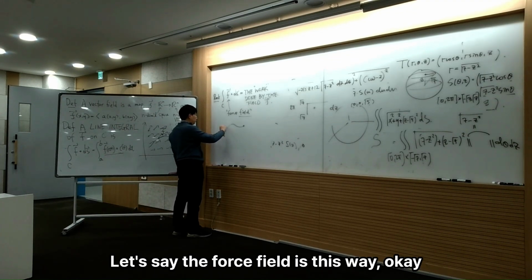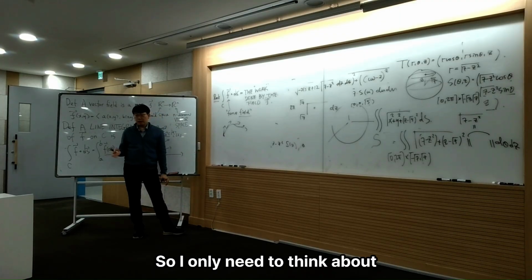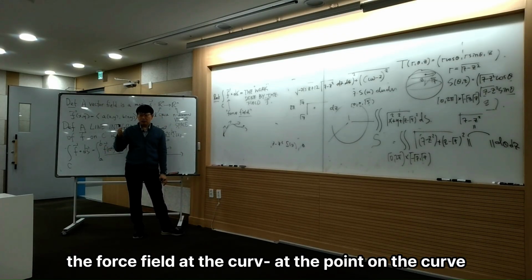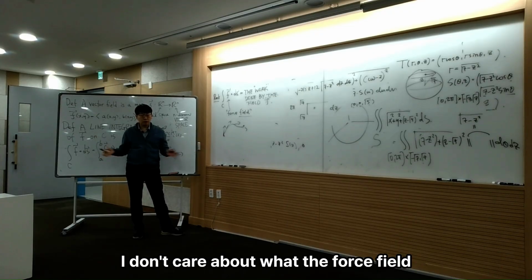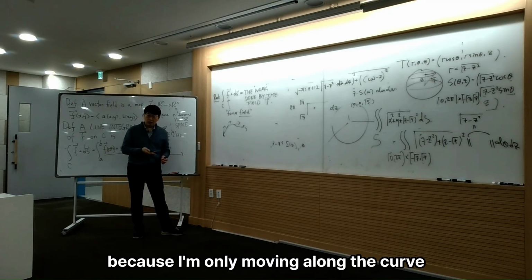Let's say the force field is this way. I only need to think about the force field at the points on the curve. I don't care what the force field is outside the curve because I'm only moving along the curve.